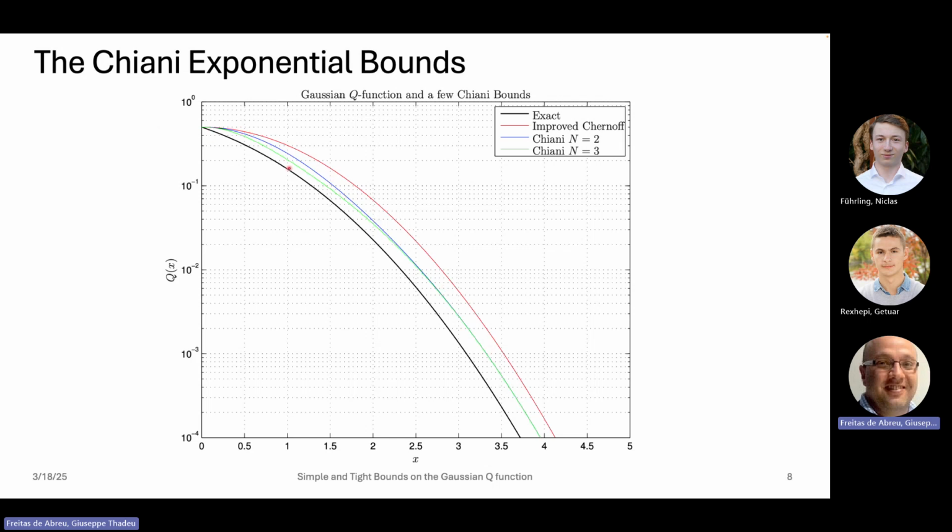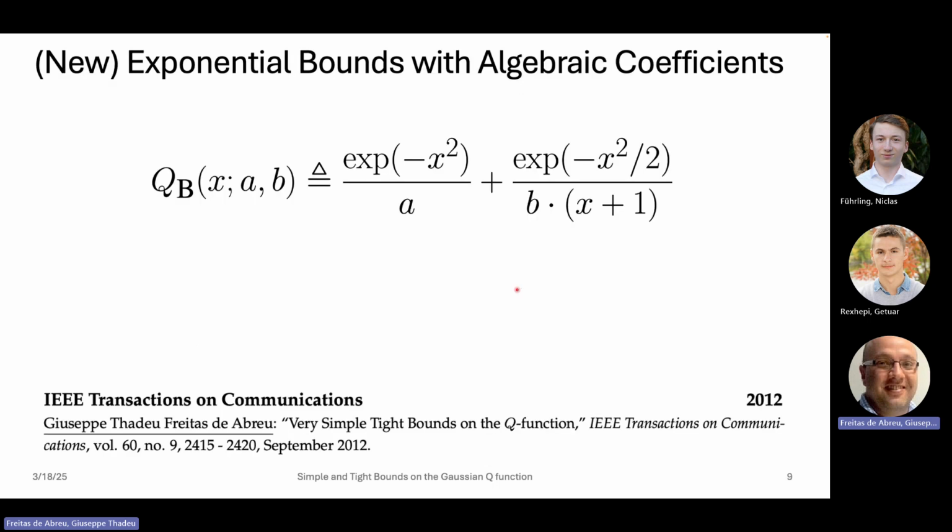With 3 terms, you get this green line, which are, again, tighter than the improved Chernoff bound, quite significantly, and, once more, keep the same general waterfall behavior that we like to see. Now, sadly, the problem is, as you can already see here in this short illustration, that if you add more terms, you can't really get significant improvement over the two-term one.